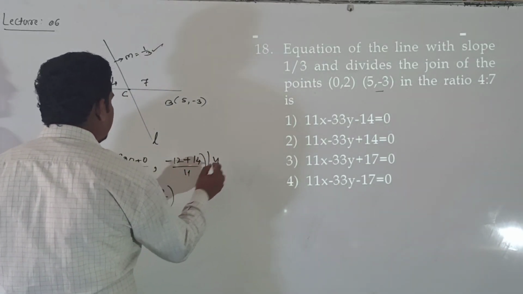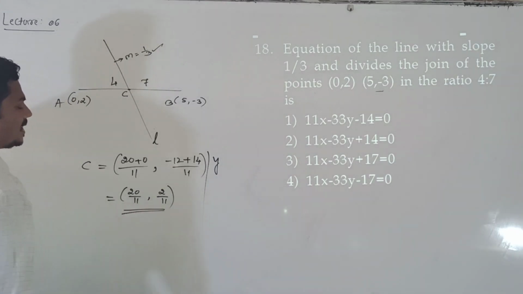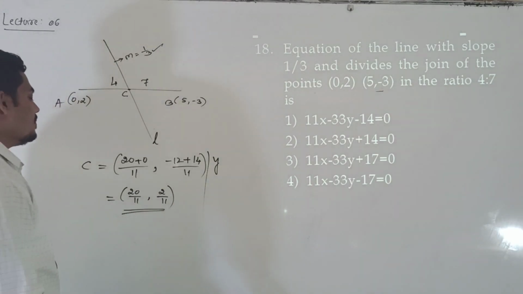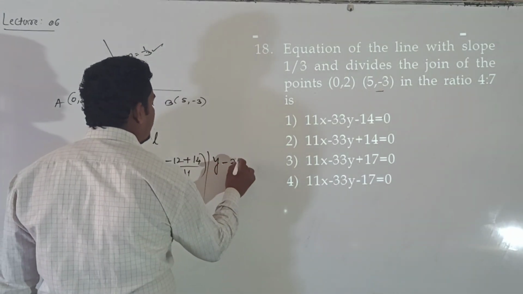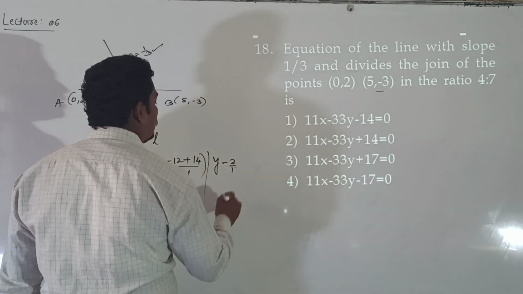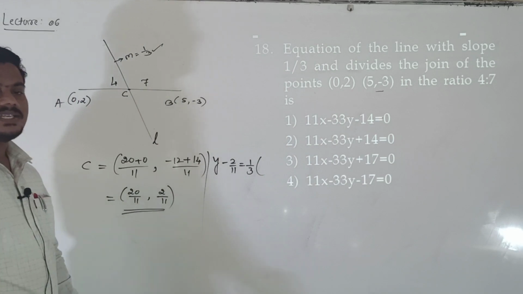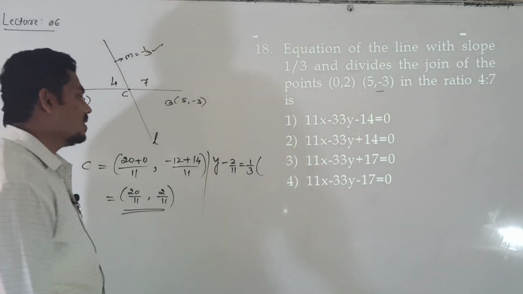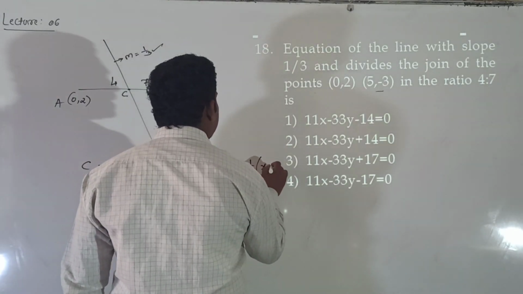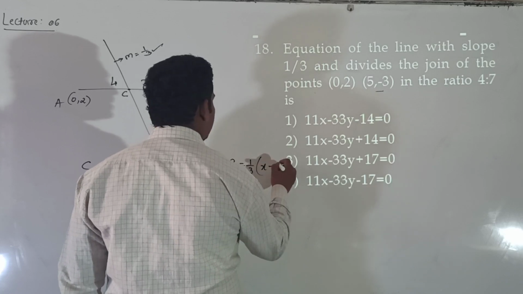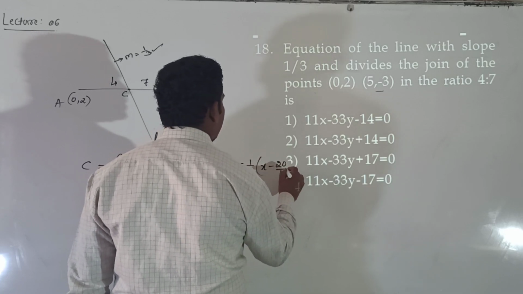Y minus y1, this point itself is (x1, y1), right? Y minus y1, that is 2 divided by 11. Y minus y1 is equal to m, that is 1 by 3, into x minus x1. Slope point formula. X minus x1, that is 20 divided by 11.